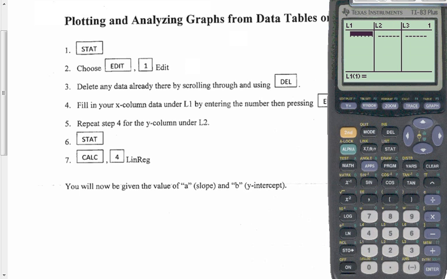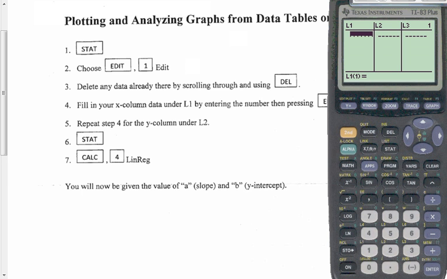Now, I don't have anything in my table here. It's blank. If it wasn't blank, let's say I had 9, 6, 3, whatever, and I didn't want those in there because I wanted new data in there, what I'm going to do is just scroll up and then literally hit Delete, Delete, Delete. Now I got a blank data table again.